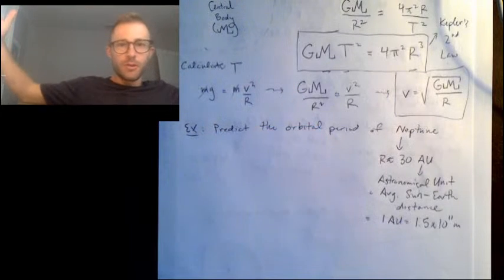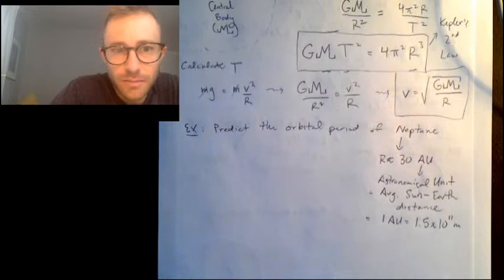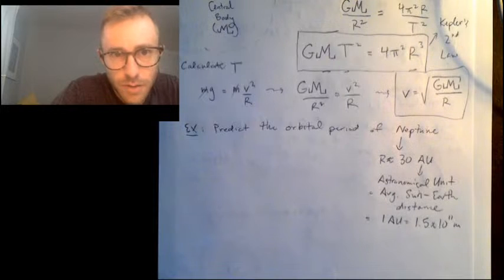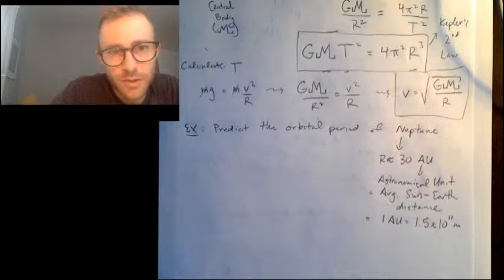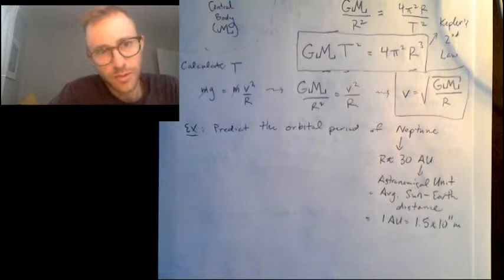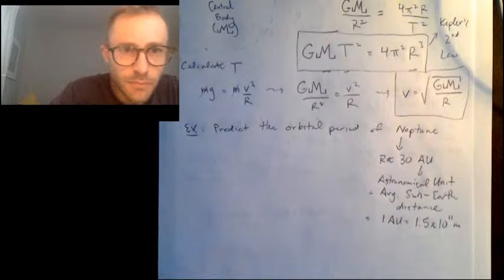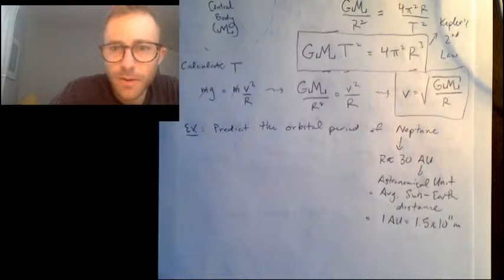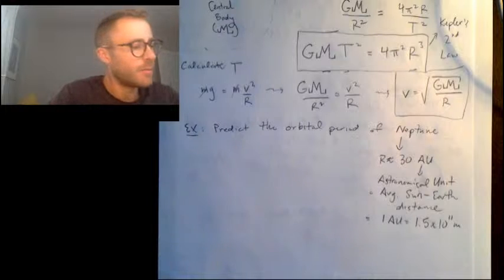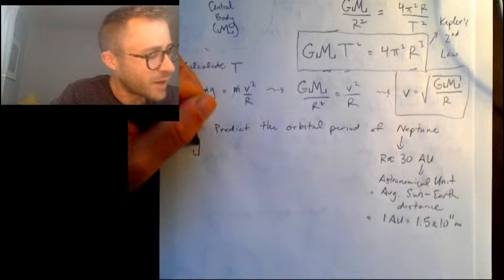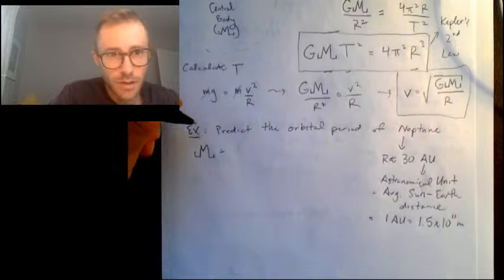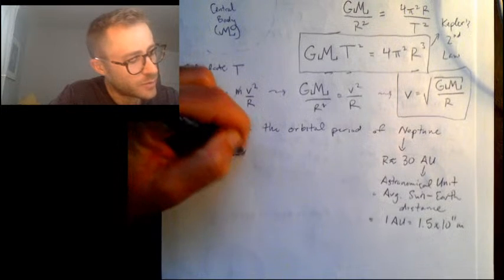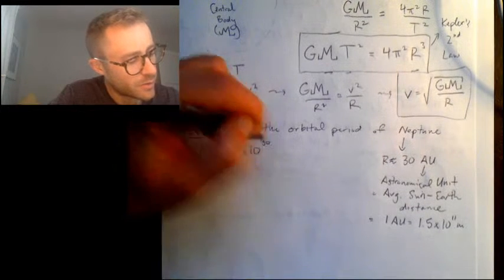The diameter of the solar system is about 60 AU, if we say that the edge of the solar system is the outermost planet, which it's not really. All right. The mass of the central body is equal to the mass of the Sun, which is 2 times 10 to the 30th kilograms.